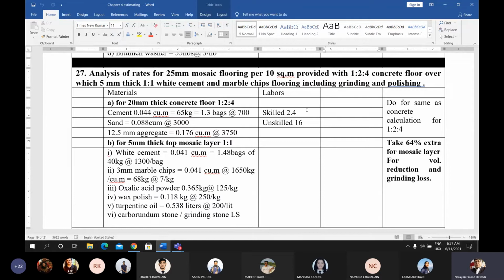This is the PCC material with the cement one part, sand 2 parts, and 4 parts of the coarse aggregate. This has been done in the previous chapter for the RCC work as well as the PCC work for calculating the material per meter square.